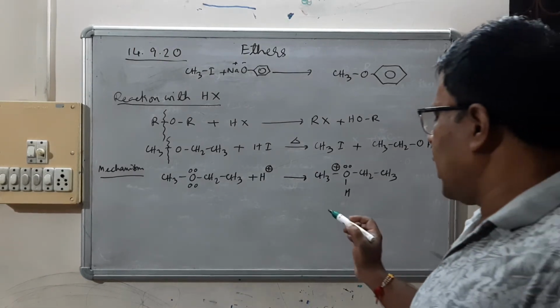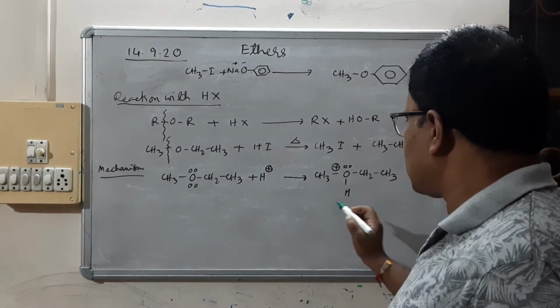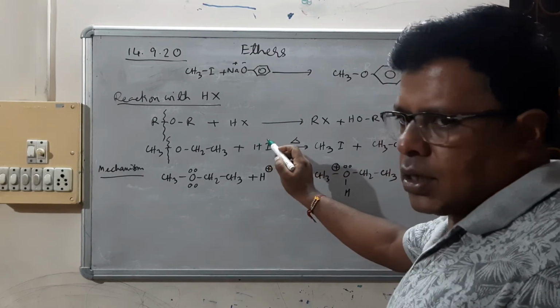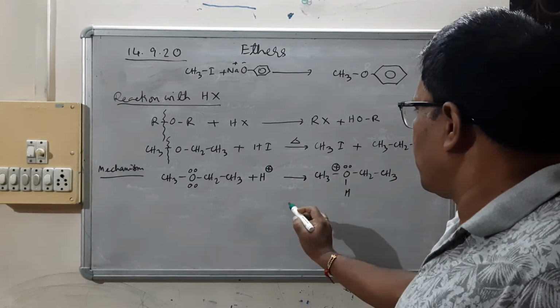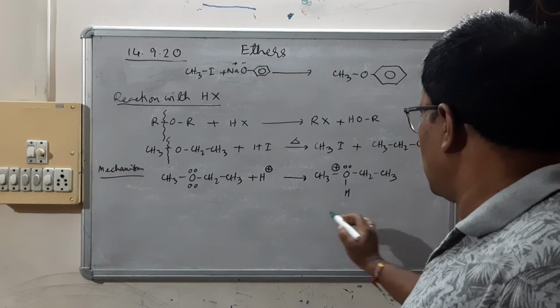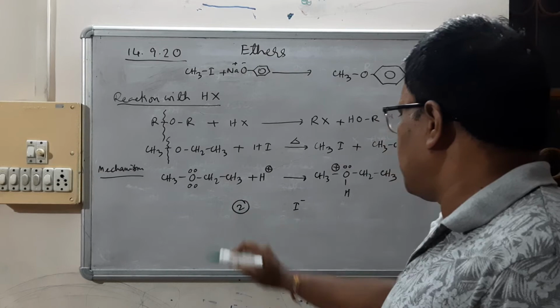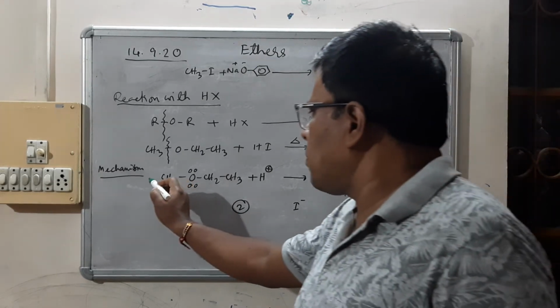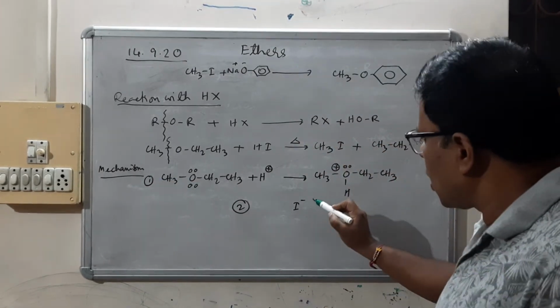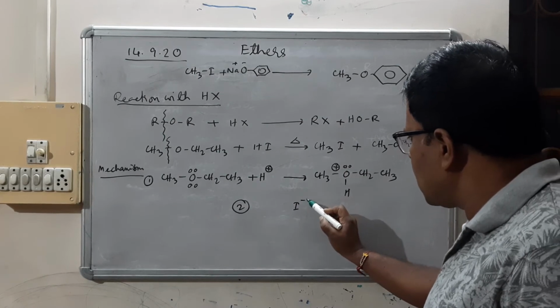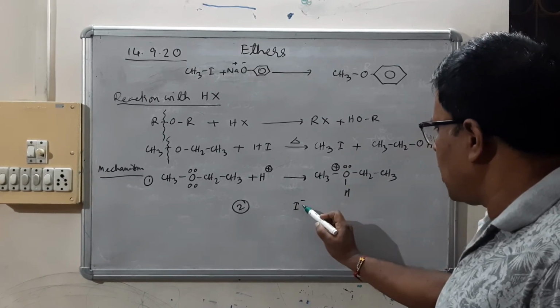Now in the second step, this I minus will act as a nucleophile. I am showing it here only. This I minus will act as a nucleophile in the second step. This was the first step. And now I minus can attack here or I minus can attack here.